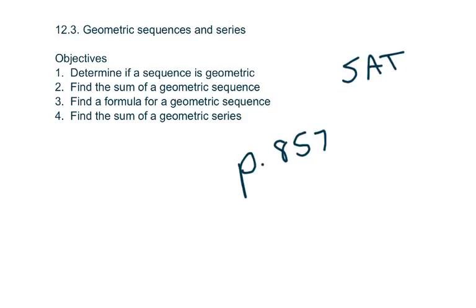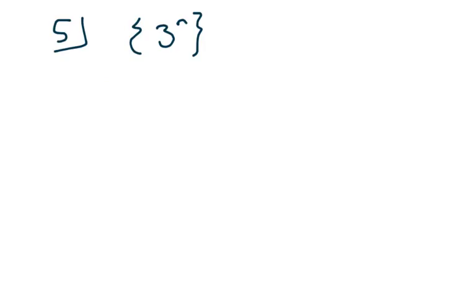The first thing we have to do is show that each sequence, make sure you're on page 857, is geometric, find the common ratio, and write out the first four terms.